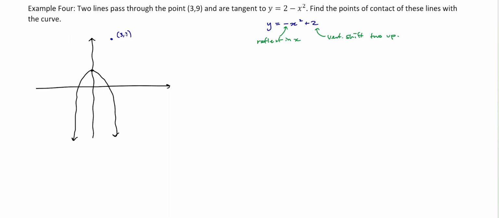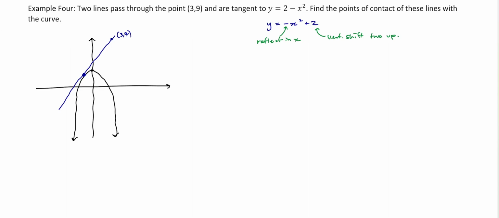It says find the points of contact of these lines with the curve. So I've got a line that passes through 3, 9 and is tangent to this. So it's basically doing something like this, and is tangent to the curve at that point right there. We'll just assume that that connects.